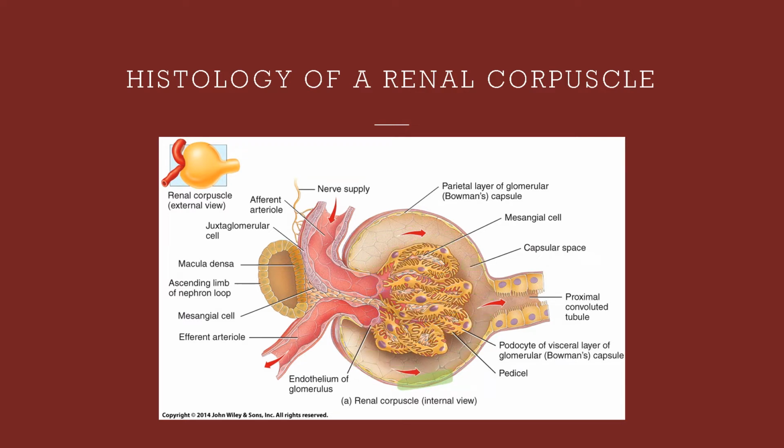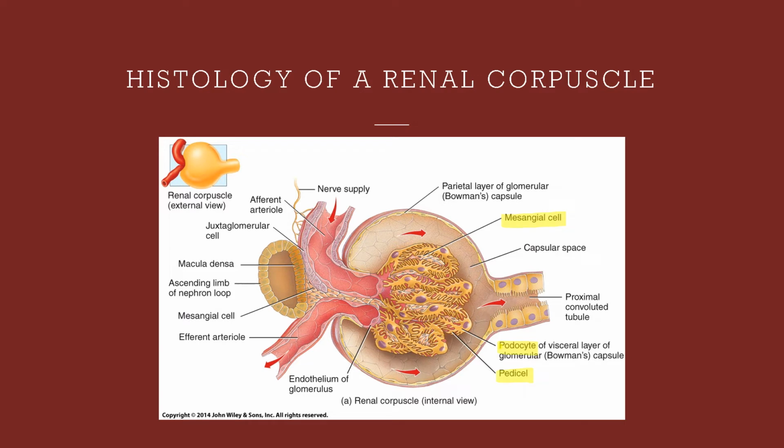So here we can also see the mesangial cells. Remember, those mesangial cells are going to be those contractile cells of the glomerulus. We can also see the podocytes here as well with their little feet-like projections, pedicels.